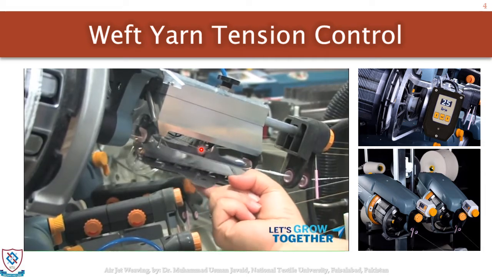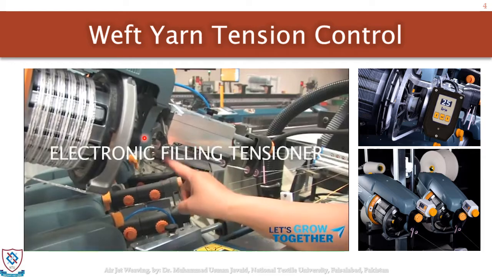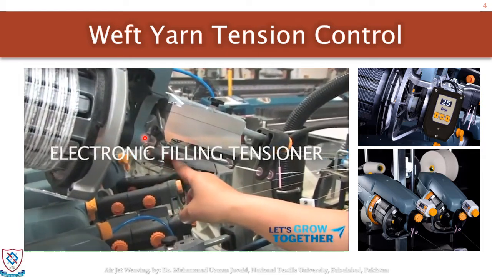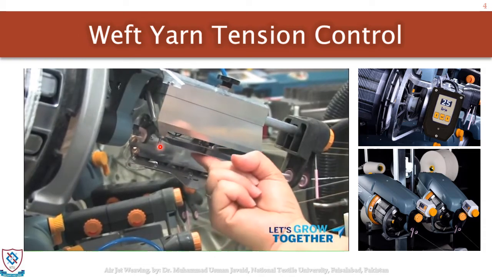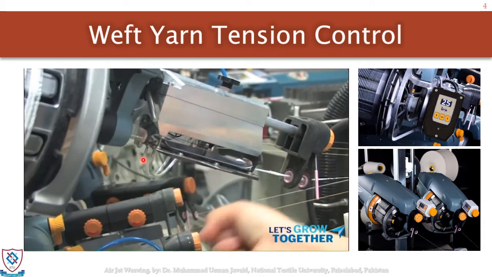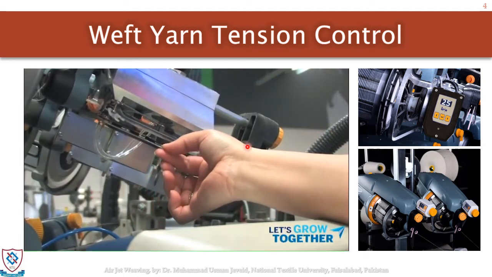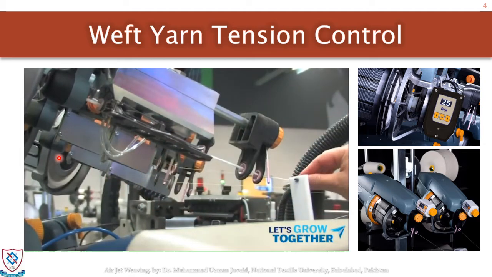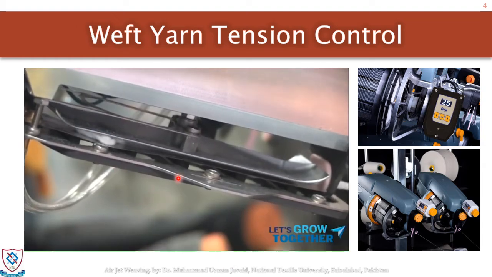Here again, Picanol has introduced a special type of tensioner. This yarn tensioner can be applied for fancy yarns. It delicately presses the yarn over a longer length, which ensures the tension on the yarn and does not disturb the texture of the fancy or special yarns.